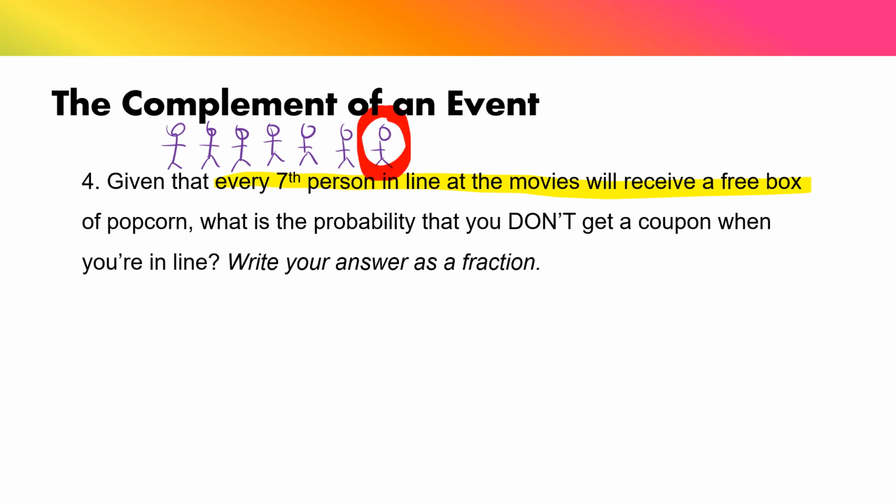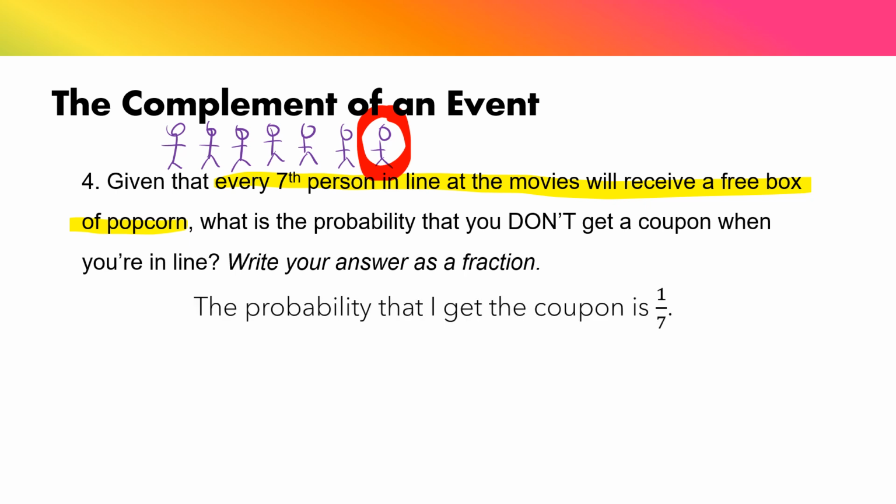This 7th person gets the coupon. So you had, in essence, a 1 out of 7 chance of getting a coupon. So the probability that I get the coupon is 1 out of 7.